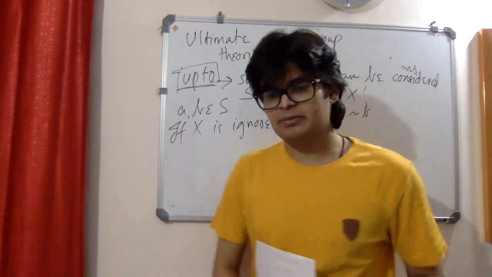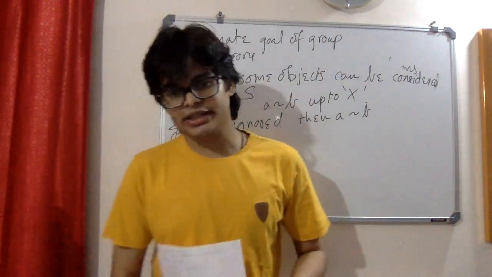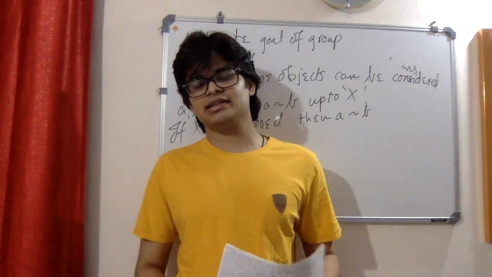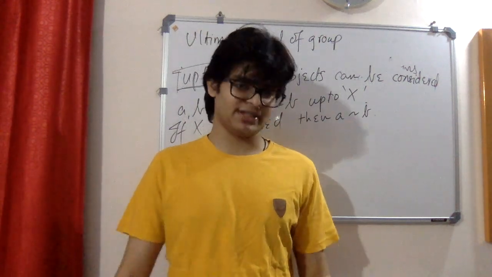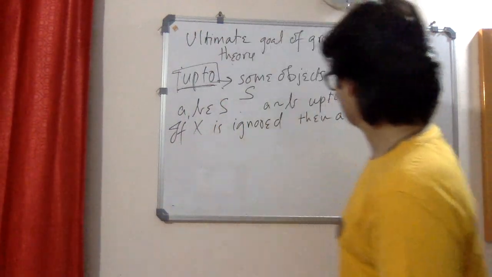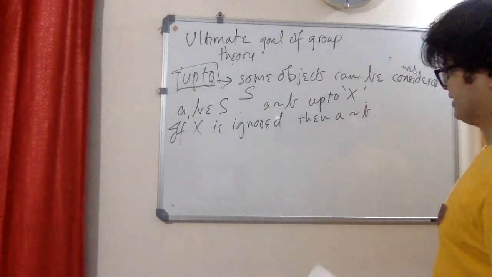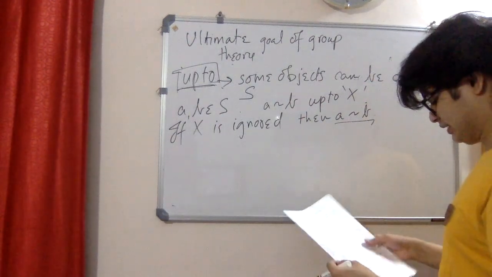In the previous example, we didn't have any equivalence, rather we can say the object was equivalent to itself. Now, if we drop X, then A is equivalent to B.